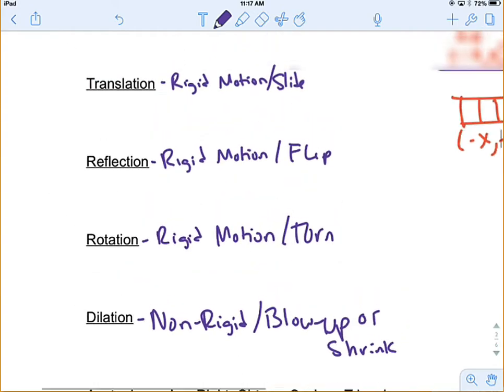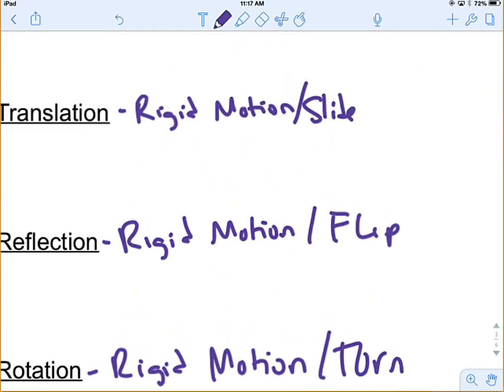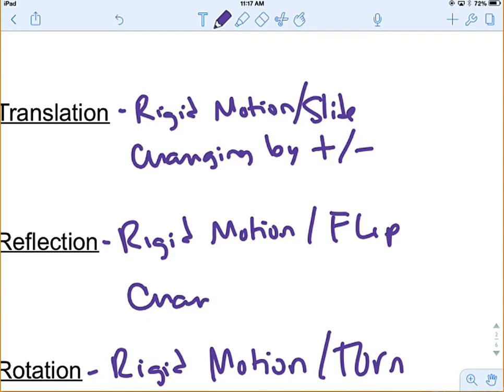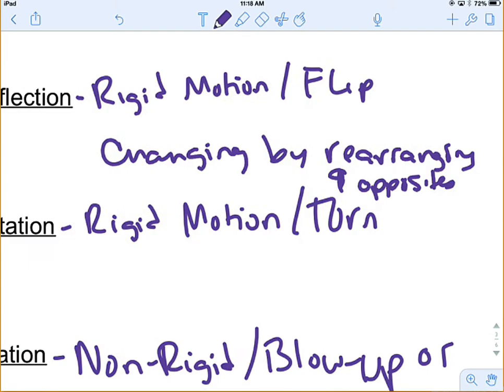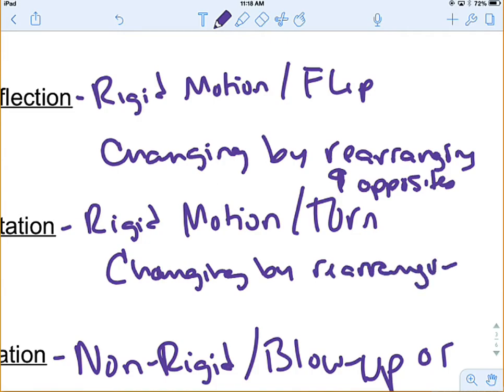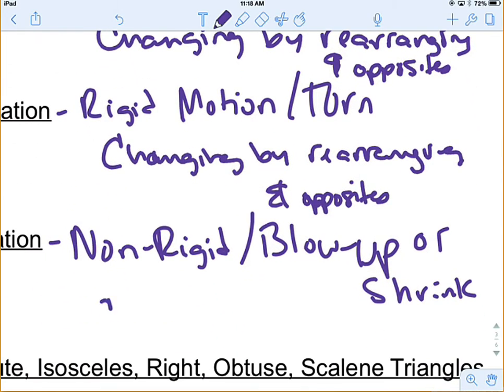Now we can add some more stuff to this, and it might be worth it to do so. So this is changing by addition and subtraction. This is changing by rearranging and opposites. This is also changing by rearranging and opposites. Now I am referring to the x and y values, of course. And then this is changing by multiplication.